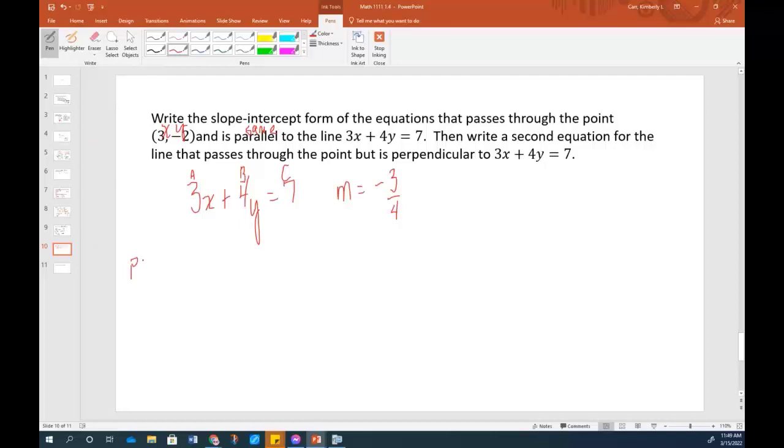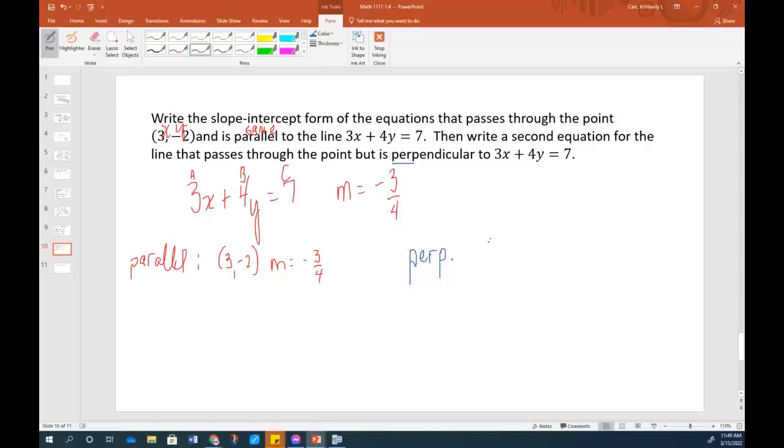So for the parallel, my information that I have is 3, -2, and a slope of -3/4. By contrast, when I'm going to do the perpendicular one, and I hope you will be okay, I'm going to abbreviate that one with just the beginning.